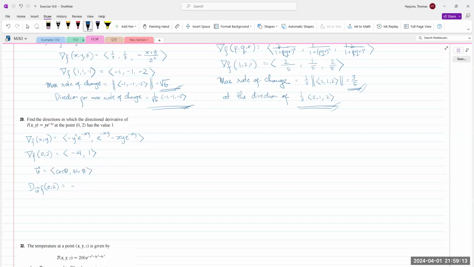So this is negative 4 cosine theta plus sine theta equals 1. Of course, one of them is (0, 1), right? You make the cosine equal to 0 and then the sine equal to 1. That will work. That's one of them, right?